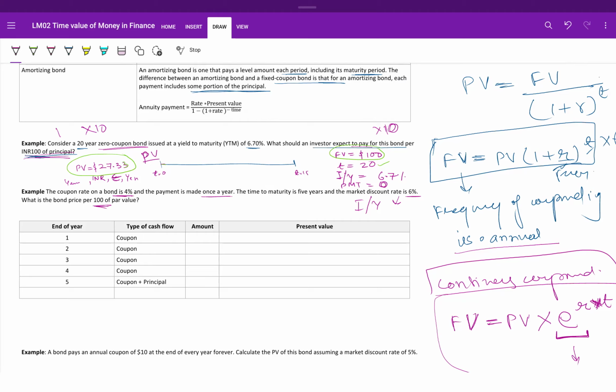The present value is 10x of future value. If it's 15x, then 15x of your present value. So this is what the question actually means. Don't get confused. This is just a way of saying things.